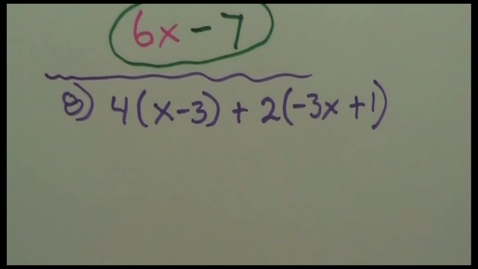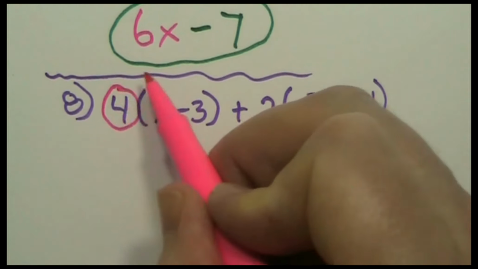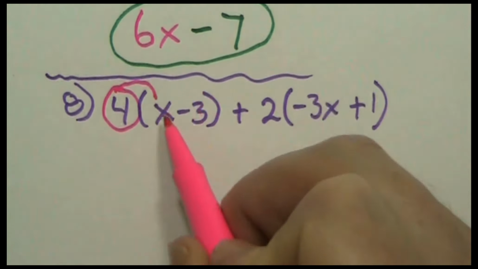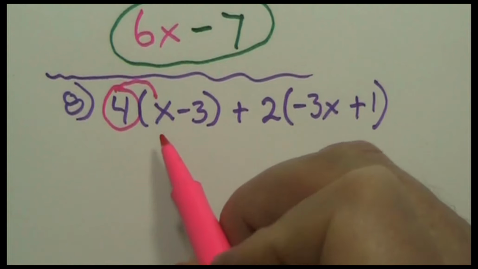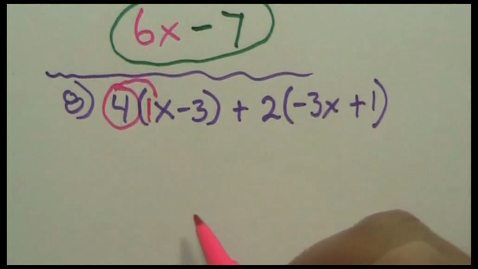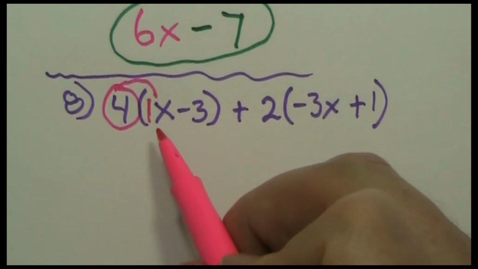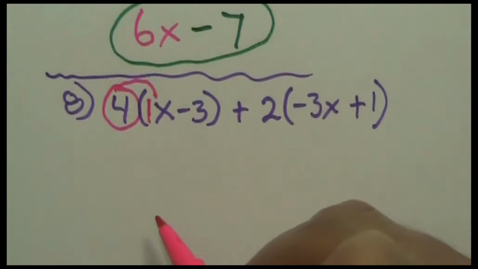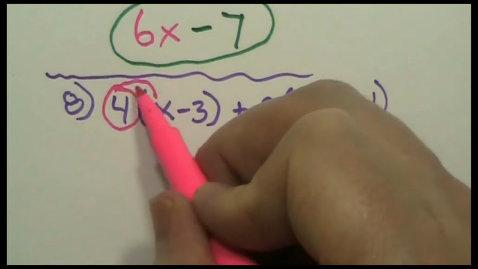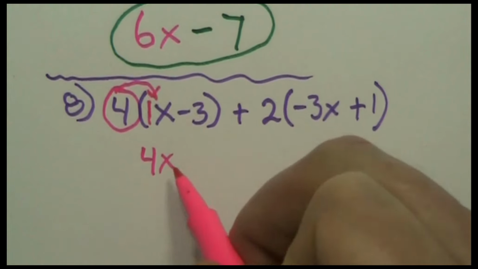We want to take the outside times the inside. So we'll take this 4. Now wait a minute, there's no number there. Well, if there's no number, it must be the invisible 1. The invisible, miserable 1. And 1 is miserable because 1 is the loneliest number. So 4 times 1 is just 4, so this is 4x.